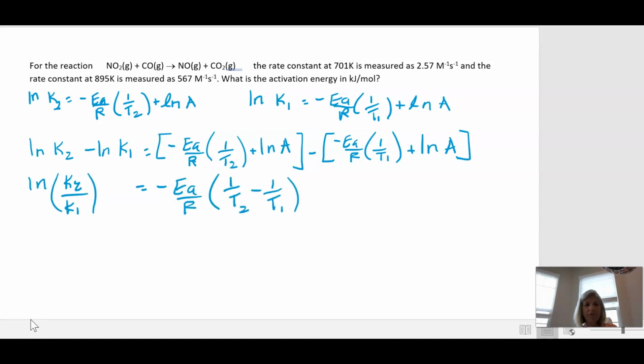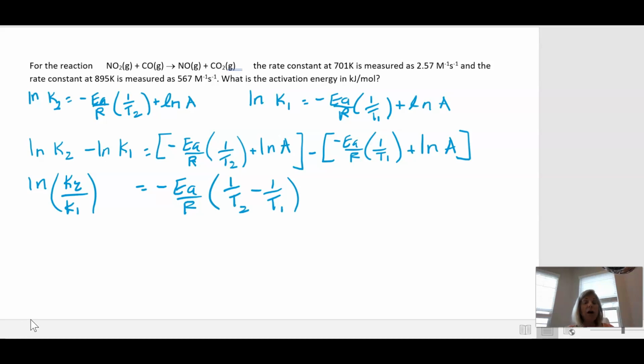This form is called the two-point form of the Arrhenius equation because we have two points, two Ks, and two temperatures. I just factor out the negative EA, so I have T2 minus T1. You'll see other forms of the Arrhenius equation where the negative is distributed through.